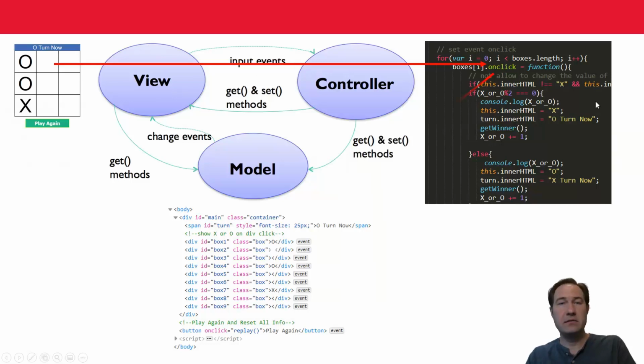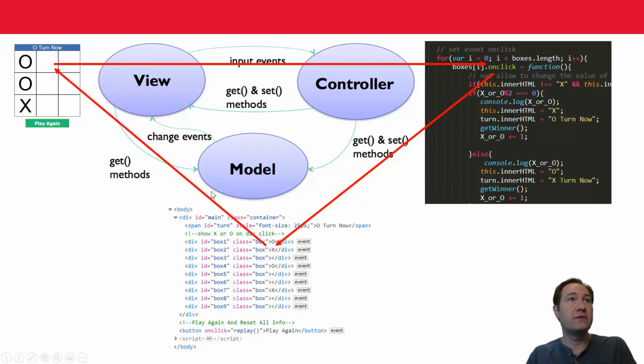The logic here will update the model, and when that O is added into the model here as the inner HTML, then that in turn is going to update the view. And you just have this continuous cycle of relationships between view, controller, and model.